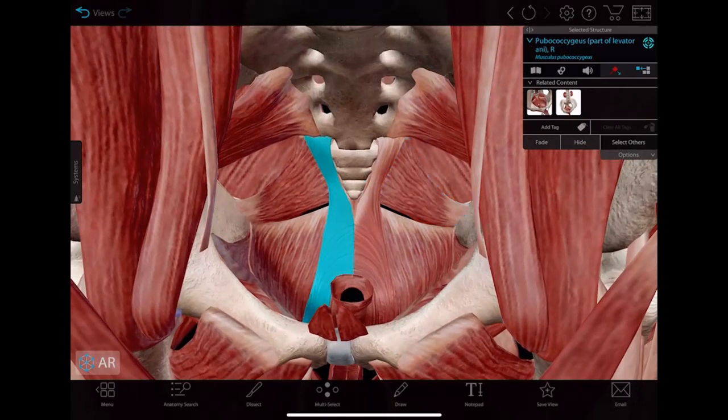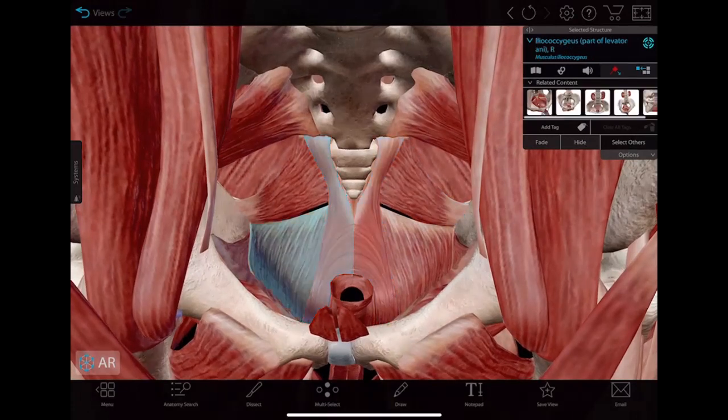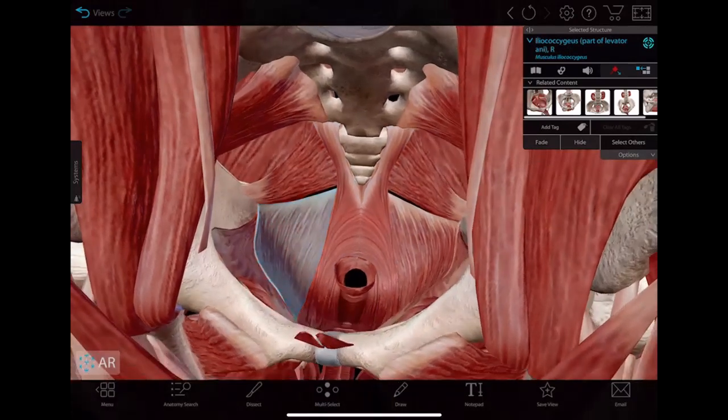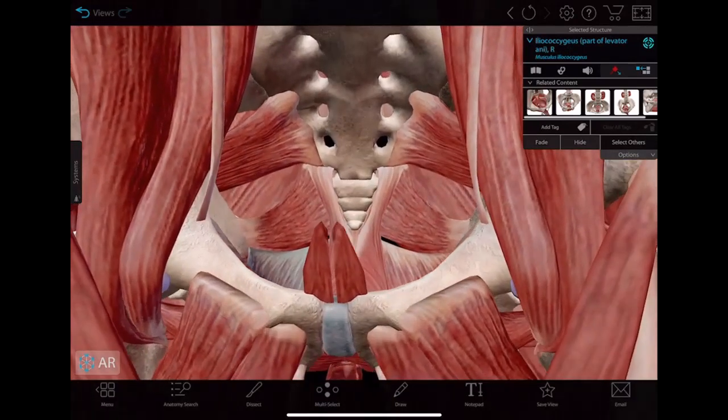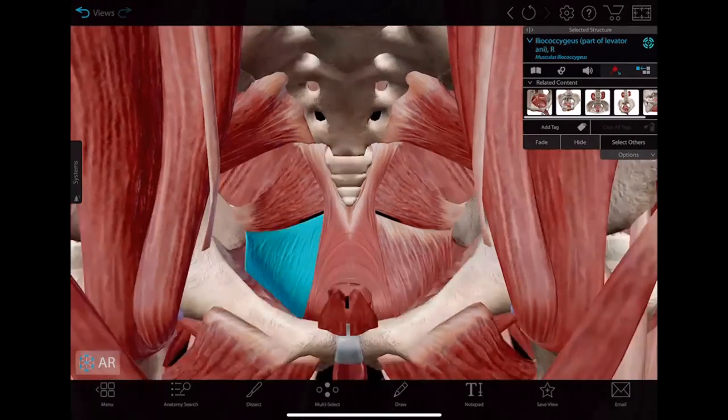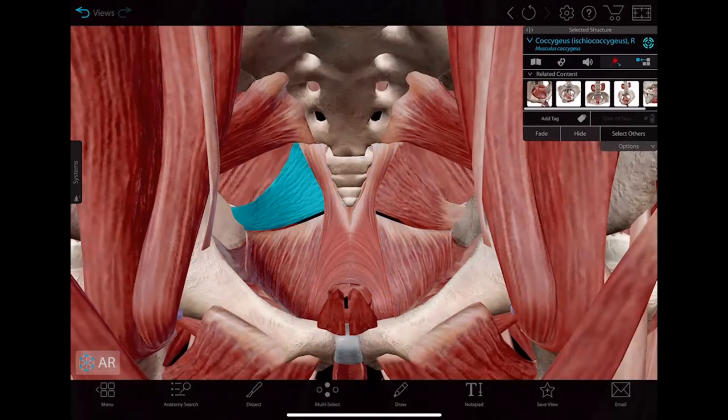This is the levator muscles, the levator ani, this pubococcygeus and iliococcygeus. This is also called the levator muscle, right? You see how they are attached to the sacrum. Coccygeus, pubococcygeus is the levator, right? This is coccygeus.